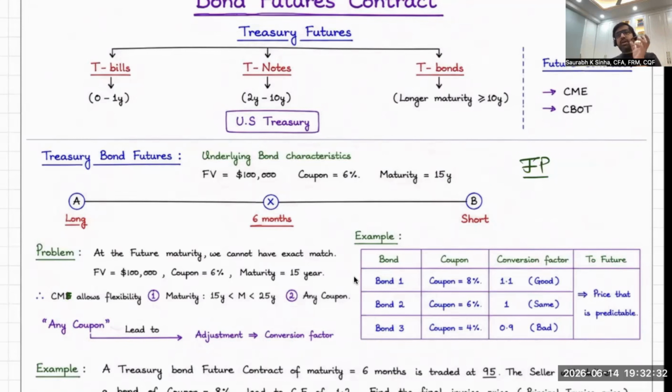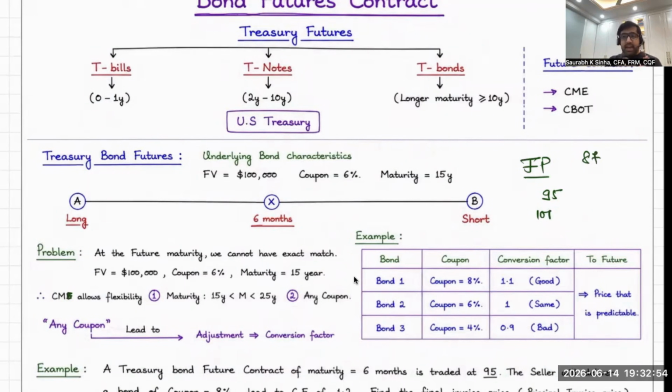Now, the way the future prices are quoted is very specific. They are quoted in percentage. So if it is written 95, it means 95% of $100,000 is the future price. If it is written 101, it is 101% of $100,000. So it is $101,000 or $95,000, or it could be 87%, $87,000.